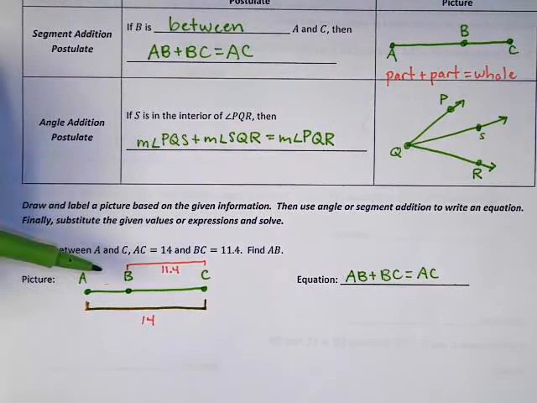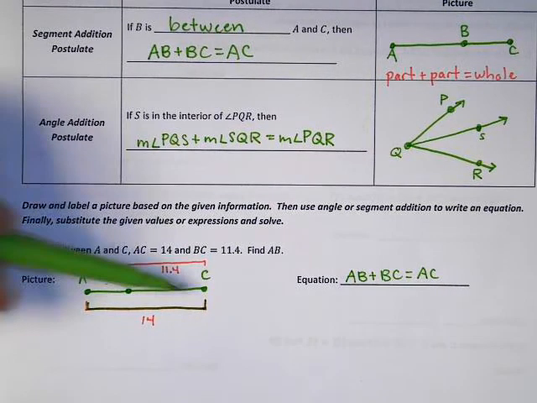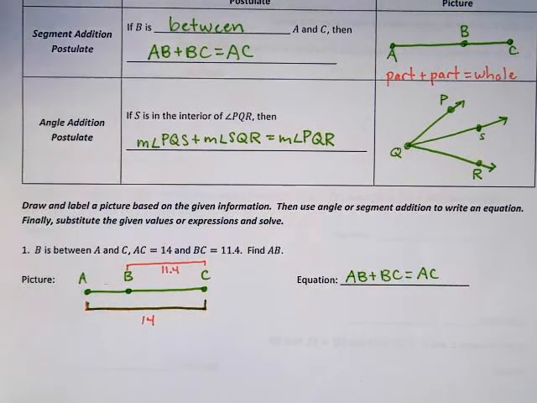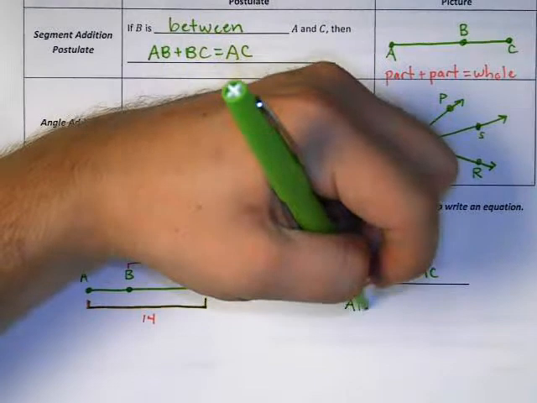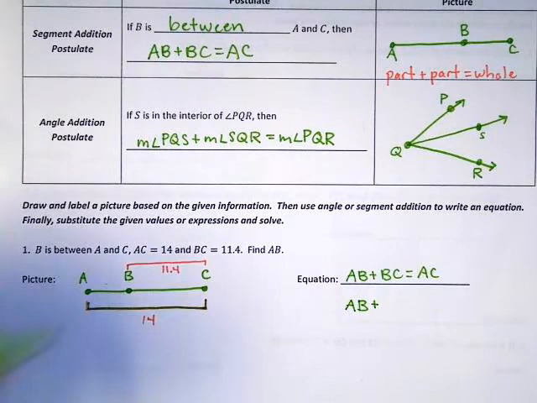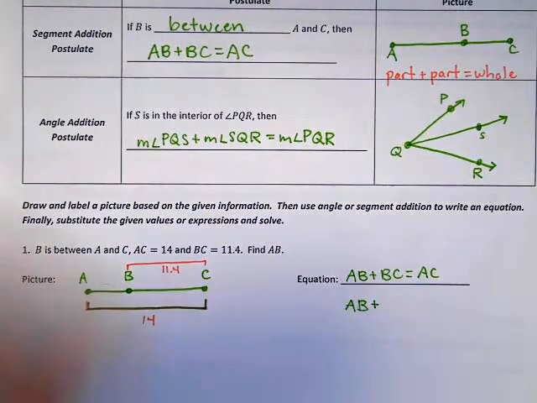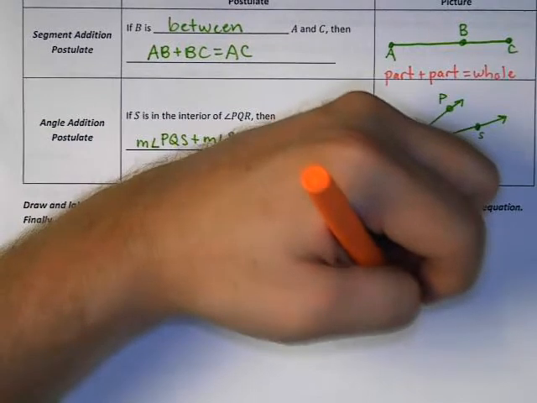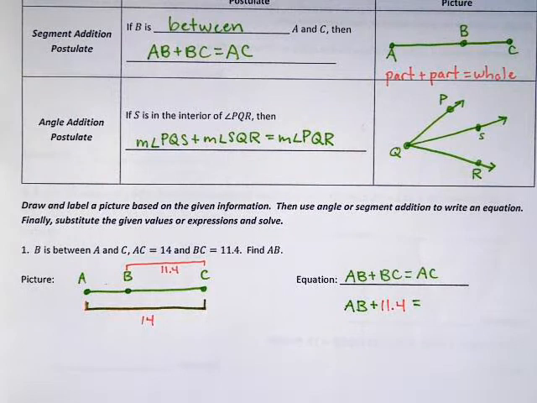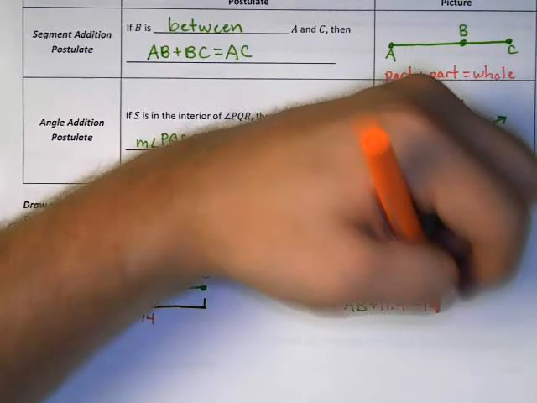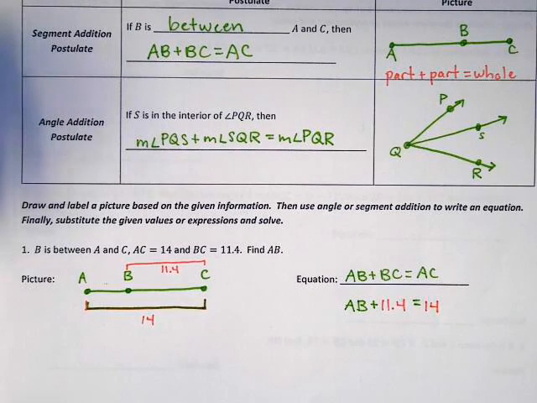I know a value for AC, and I know a value for BC. So I'm going to plug in those values. I don't have AB, so I keep AB. I do have BC, so I'm going to plug that in. BC is 11.4. And I do know AC. AC is 14.